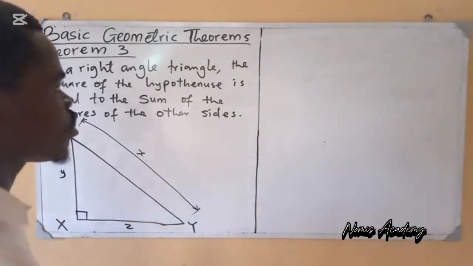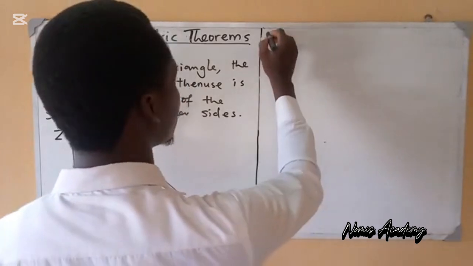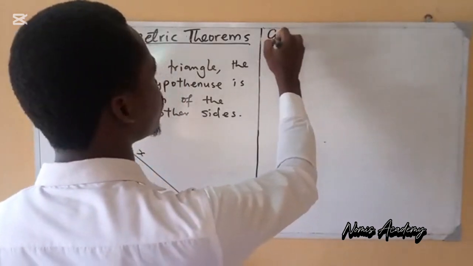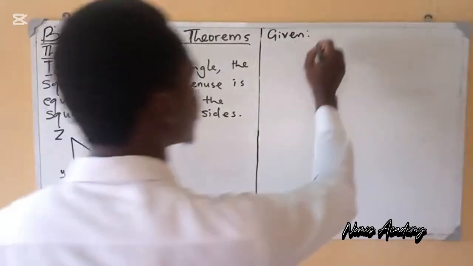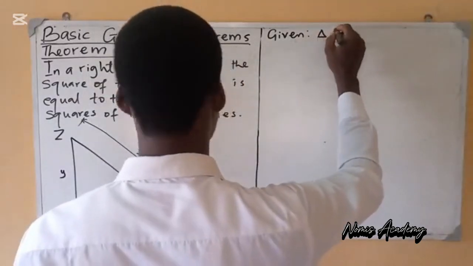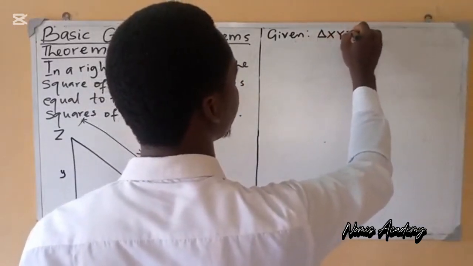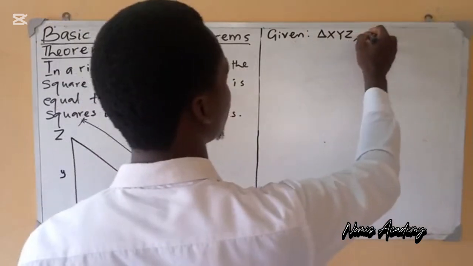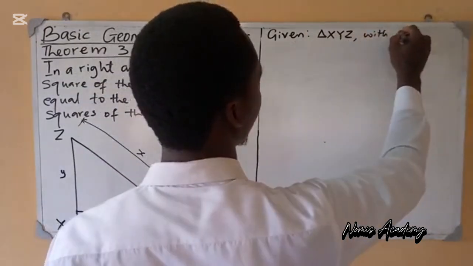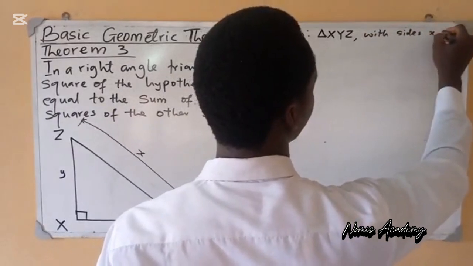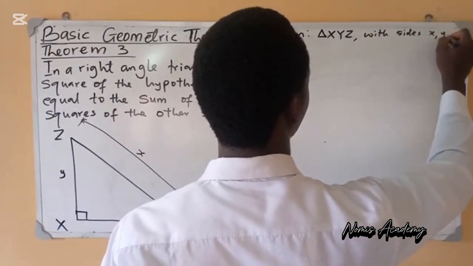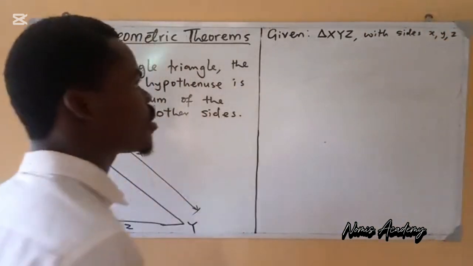So now let's take the proof. Remember the procedure. Given: what is given to us is triangle XYZ with sides X, Y, and Z respectively.